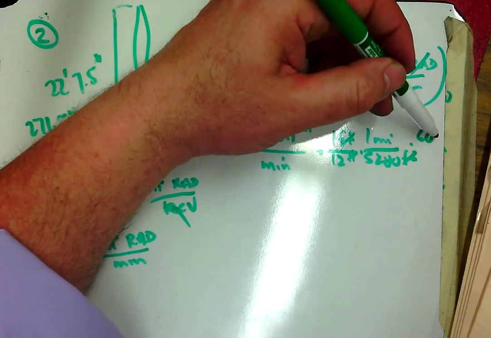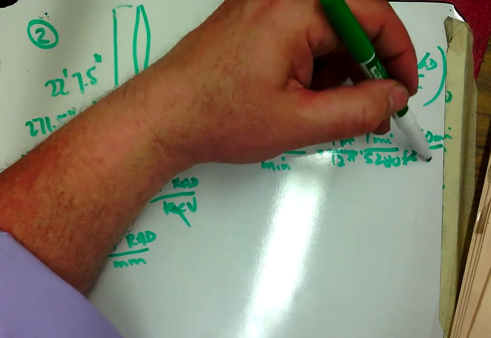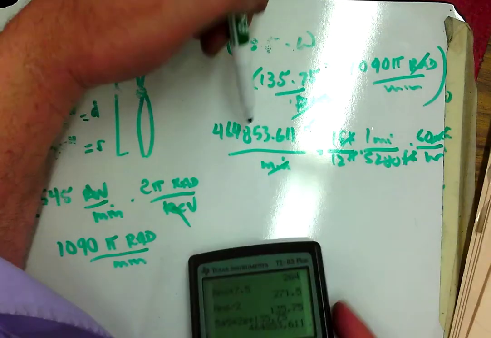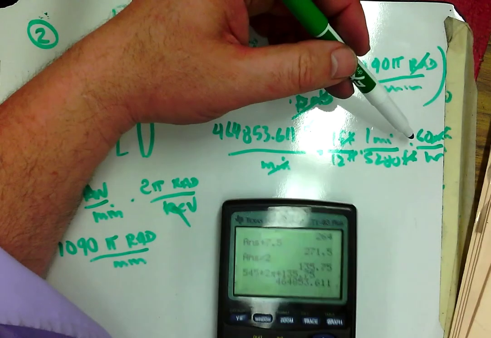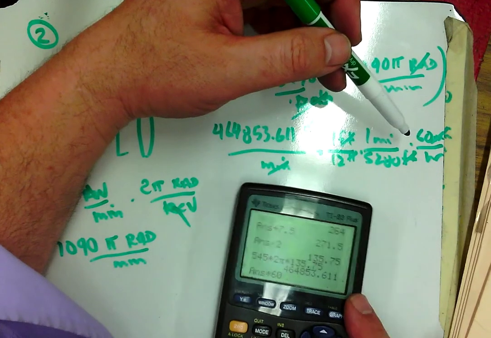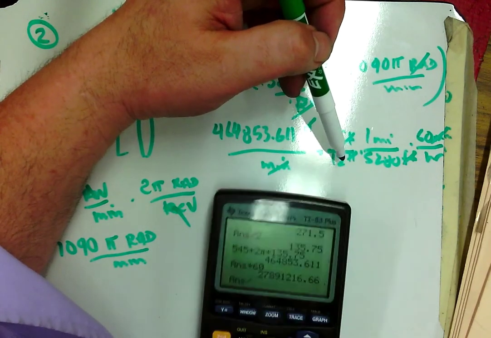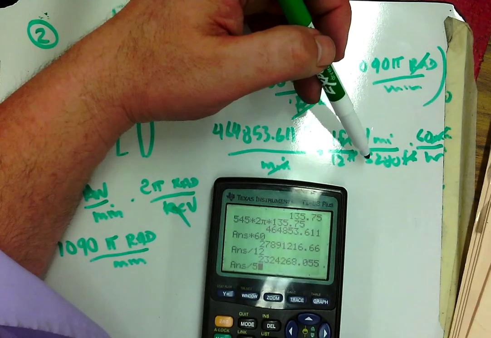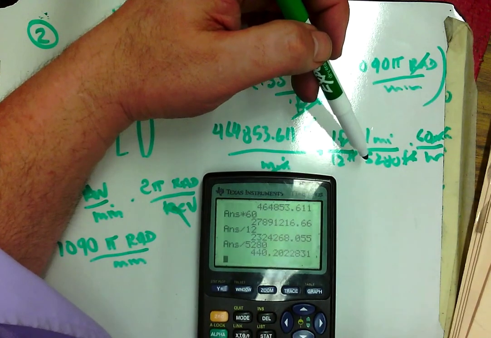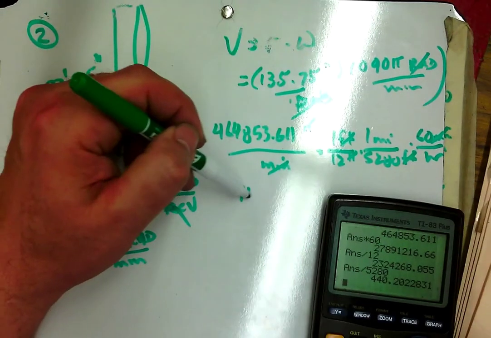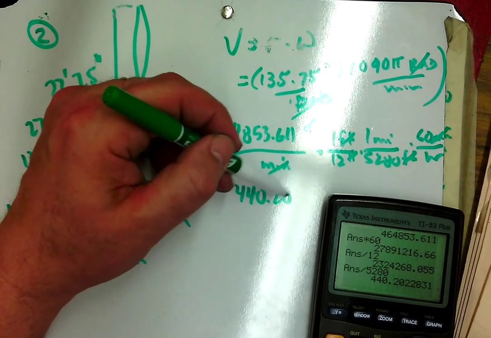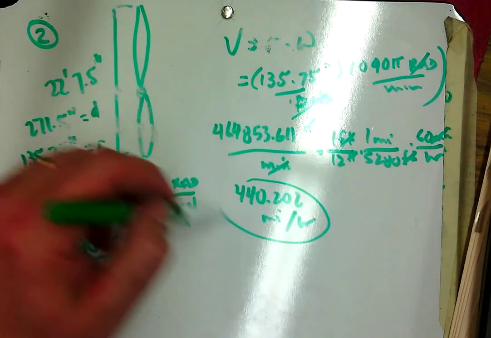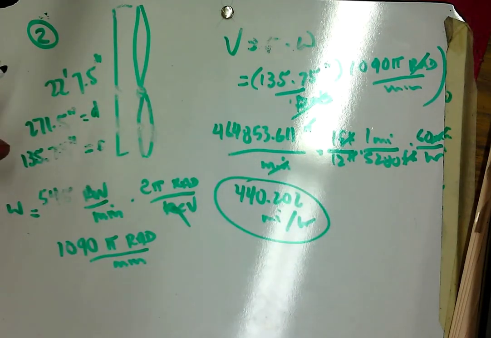So I have to multiply by 60 minutes over an hour. Okay, so that's this big number times 60 divided by 12 and divided by 5,280. And we end up with 440.202 miles per hour. Wow, that's a fast cargo plane.